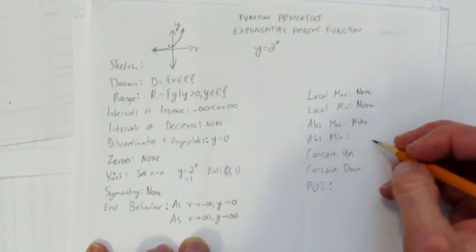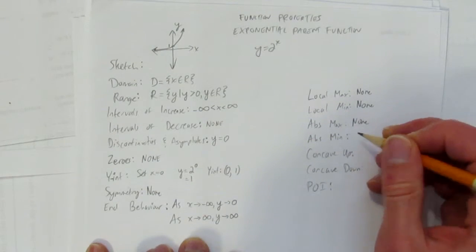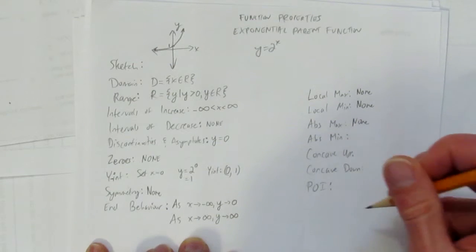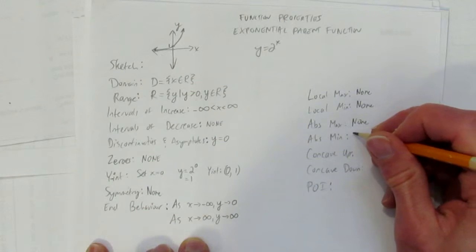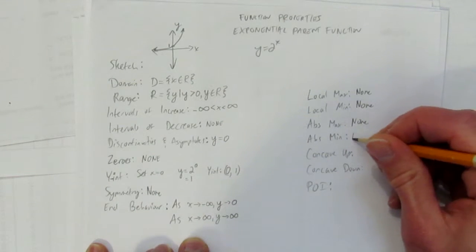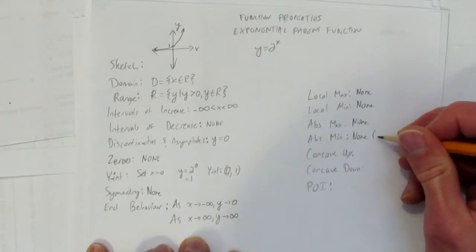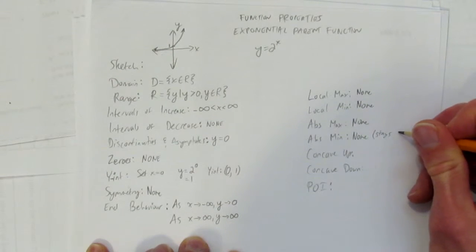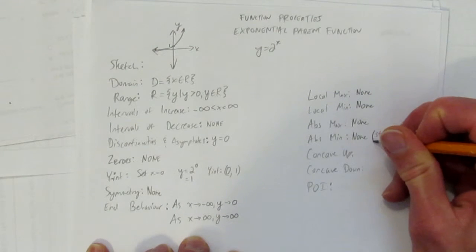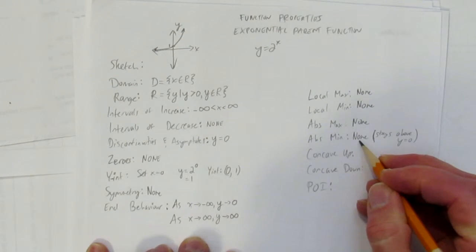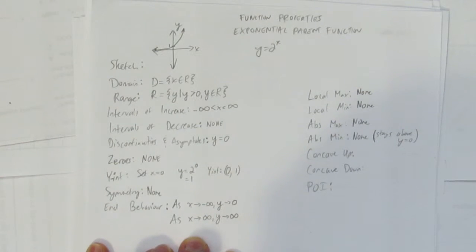So you could write a note saying stays above 0, but does it actually have a number that is its final number that it can't go below? No, because it keeps getting infinitely close to 0. So we'll say no absolute minimum. But you could say stays above y equals 0. And that just tells the reader, look, it doesn't have an absolute number that's its final checkout point, but it never goes below 0.